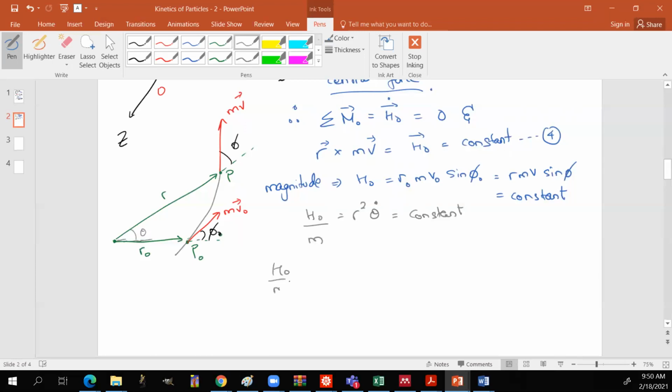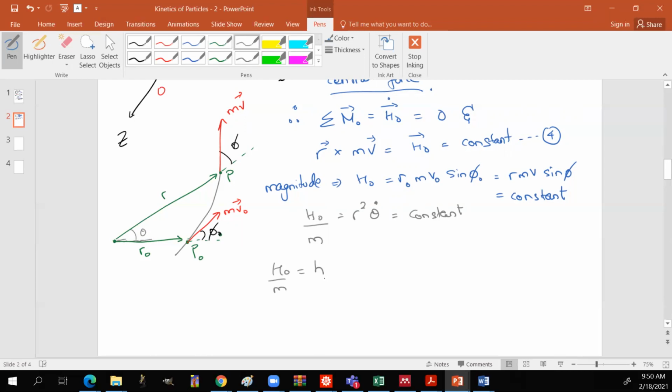So H naught over M, we refer to using the symbol small h, right? And because we are conserving the angular momentum with respect to the fact that we only have one central force, it's obvious that the angular momentum per unit mass is being taken about that point.